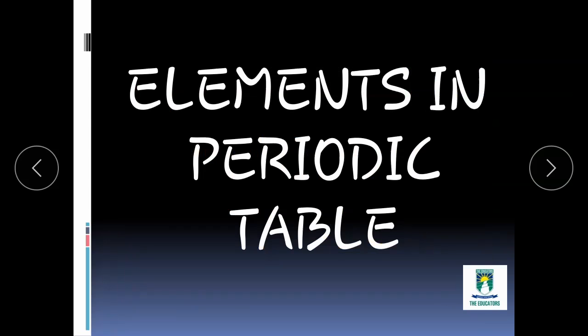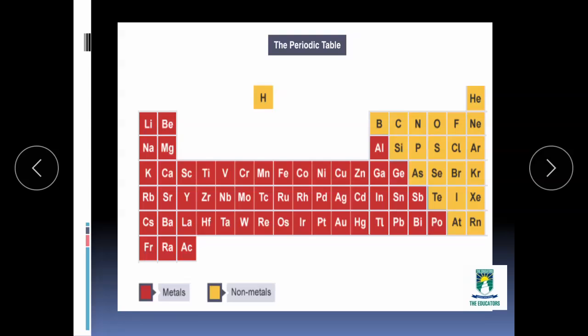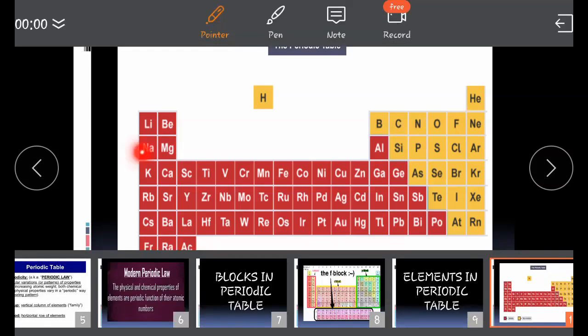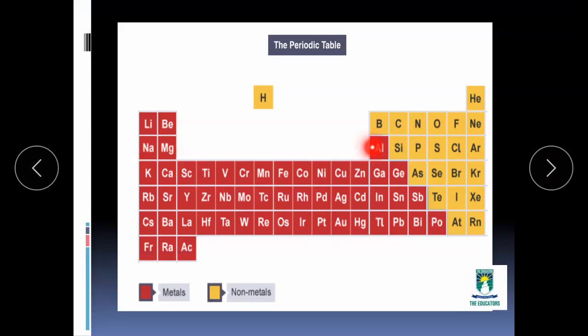Elements in the periodic table. In the modern periodic table, as I told you, different elements are arranged according to their atomic number. Hydrogen has atomic number 1, helium 2, then lithium, beryllium, boron, carbon, nitrogen, oxygen, fluorine, neon, sodium, magnesium, aluminium, silicon, phosphorus, sulfur, chlorine, argon, potassium, calcium.